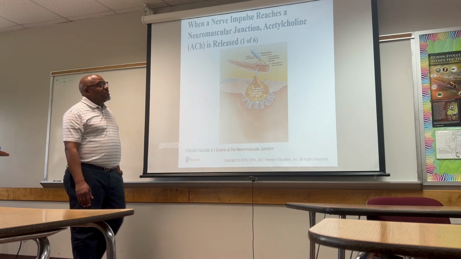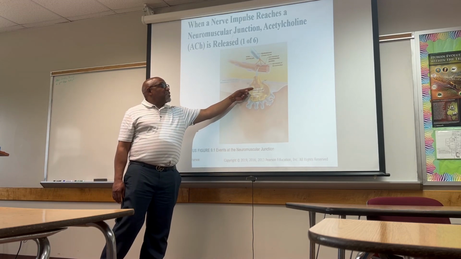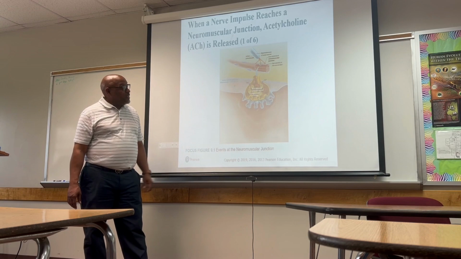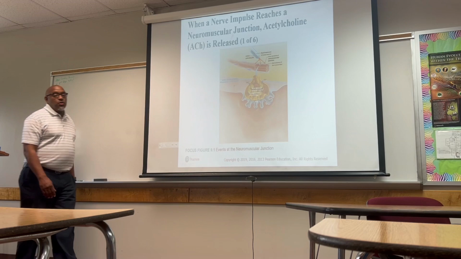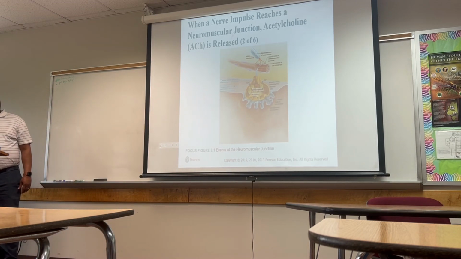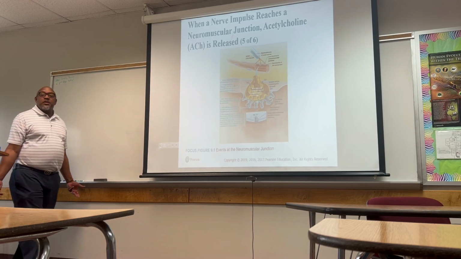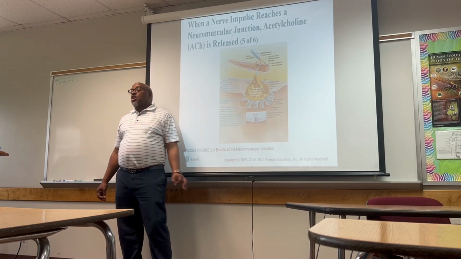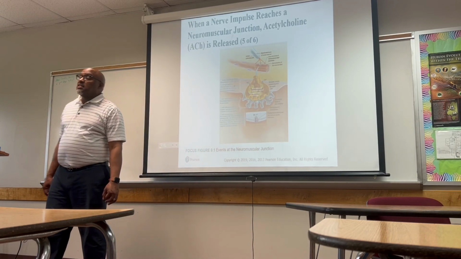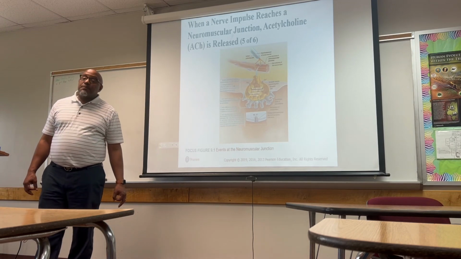It's not a spelling word, but this is showing you calcium coming in, causing acetylcholine to be released. Acetylcholine is going to attach to the receptors in the junctional folds, and that's what it's showing you there. When acetylcholine attaches to the receptors in the junctional fold, the little purple protein is called a ligand, a ligand-gated receptor.